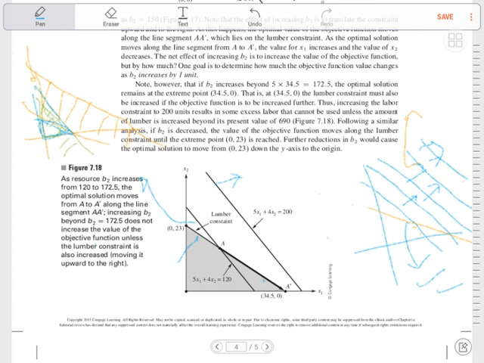The increment is restricted by the lumber constant also. When I go on shifting this line, I have to keep in mind the intersection of this constant with the other constant. If I keep shifting, this is intersecting, this is also intersecting, but this one is going out of the intersection, which is impossible.